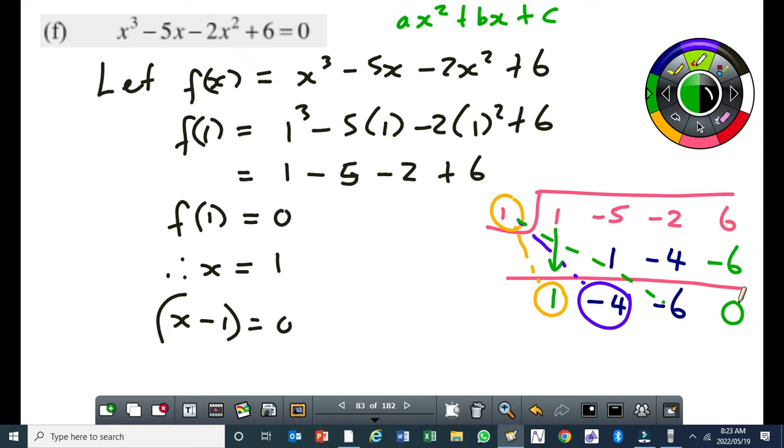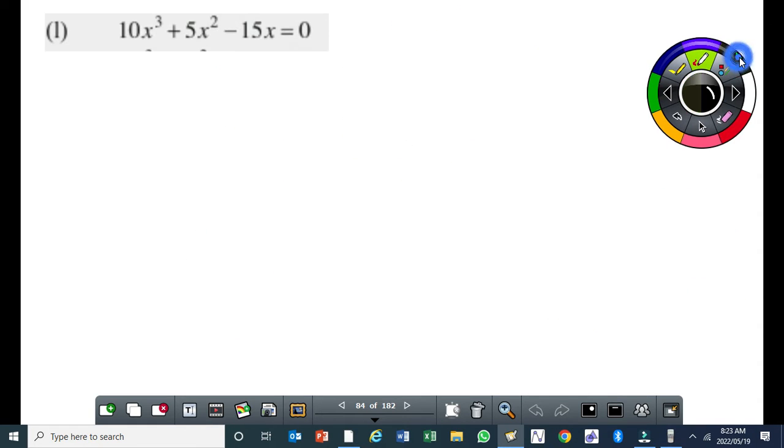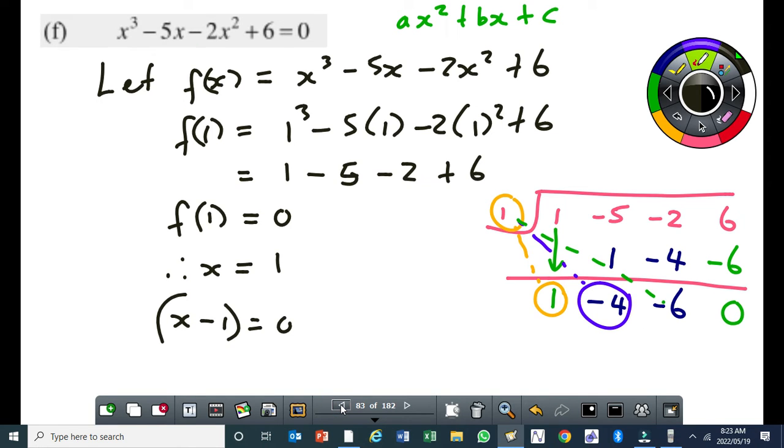So what this means is that this 1 is our A, the minus 4 is our B, and the minus 6 is our constant for the quadratic polynomial. Please take note, it's for the quadratic polynomial.